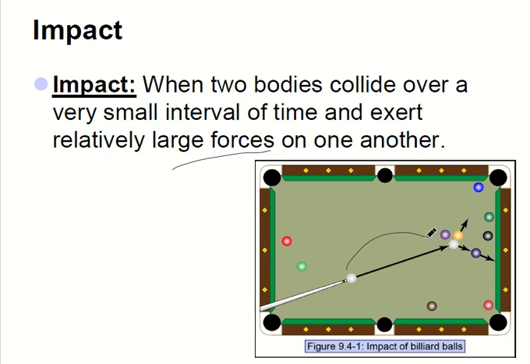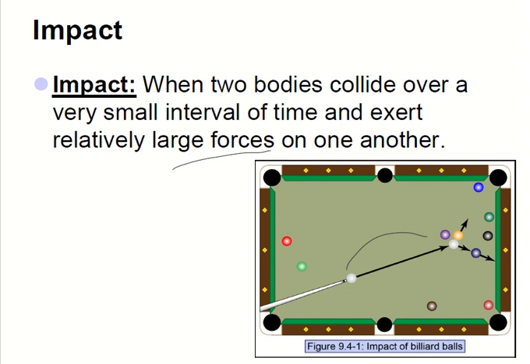That collision happens in a very small amount of time and exerts a relatively large force on each body, so you get a bang. This ball is going to hit that ball, and that ball is going to hit this one, and then that one, depending on how it will roll, because they're all positioned near each other.